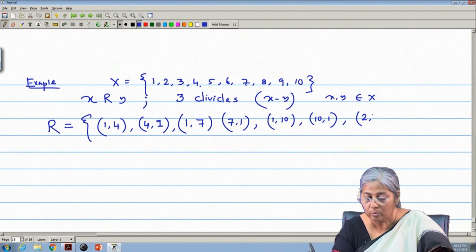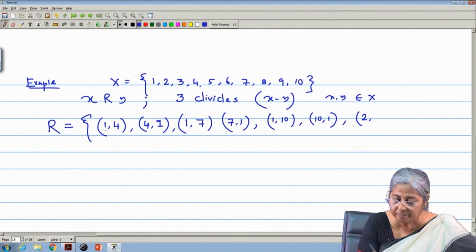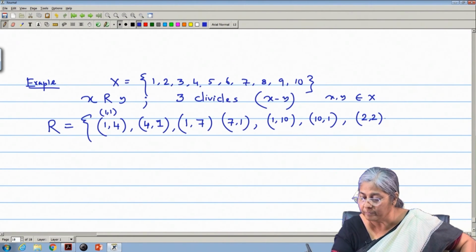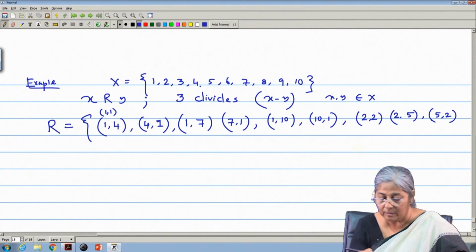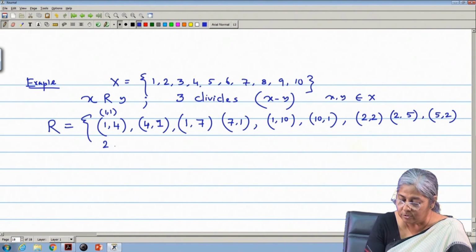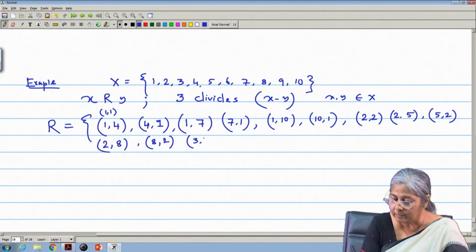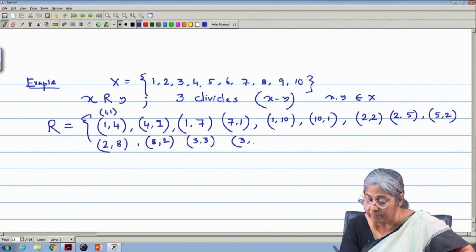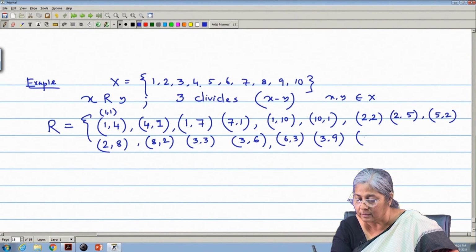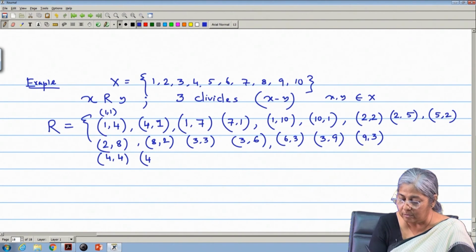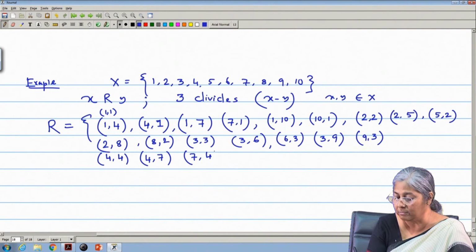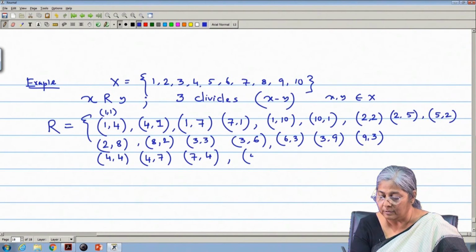Then I should take (1,1) also, first, then I should take (2,2), then (2,5), (5,2), then (2,8), (8,2), then I have (3,3), then I have (3,6), (6,3), I have (3,9), (9,3), I have (4,4), then I have (4,7), (7,4), because x minus y is divisible by 3, and I have (5,5).